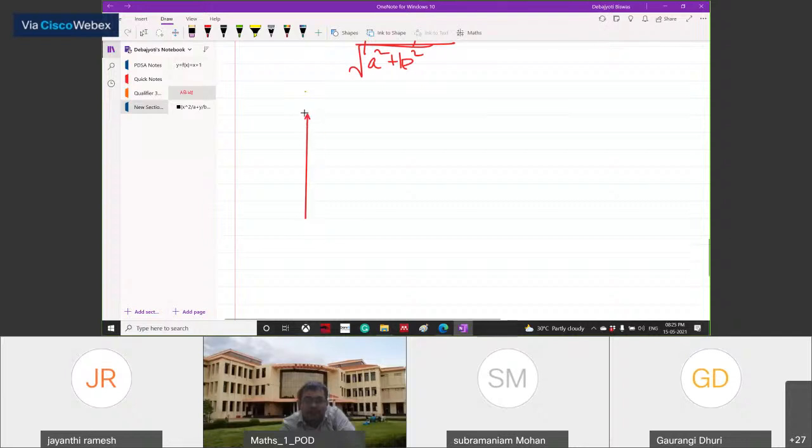If you take the example that sir was taking, suppose we have a resistor, say a 5 kilo ohm resistor, and we look at its current-voltage characteristics.